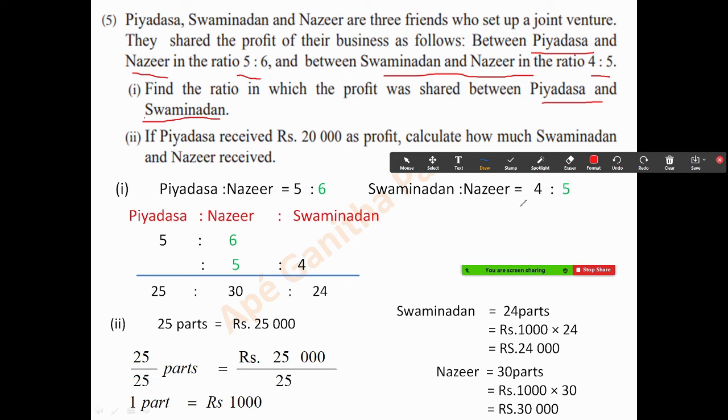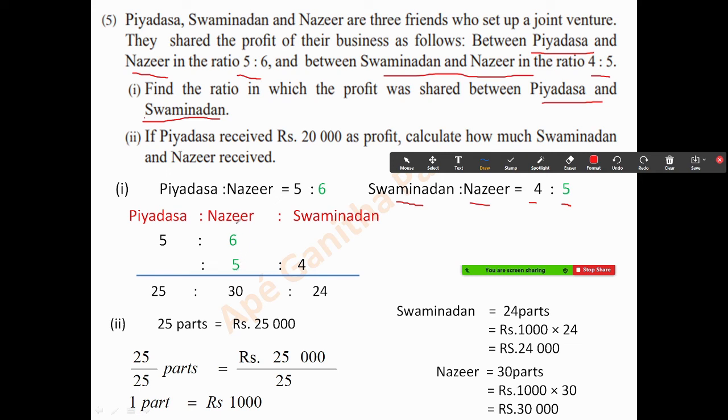How to insert that here? Swaminathan 4. So below Swaminathan write 4. Nasir 5. Nasir here.